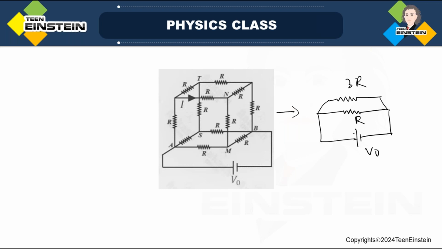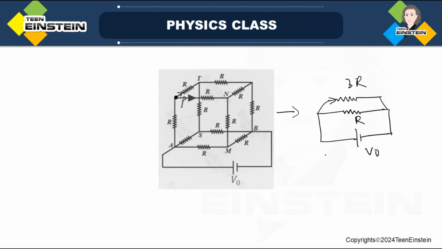These are in parallel combination, so we can find out the current. So this is actually a branch. You look here, I'm getting the total resistance over here, but when the current comes at this particular point, it will have branched into two.